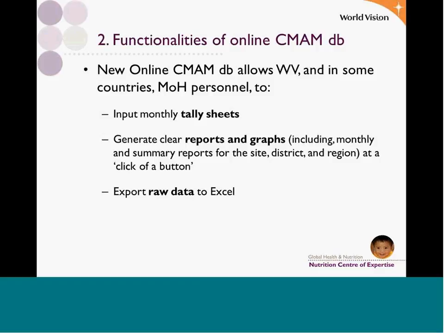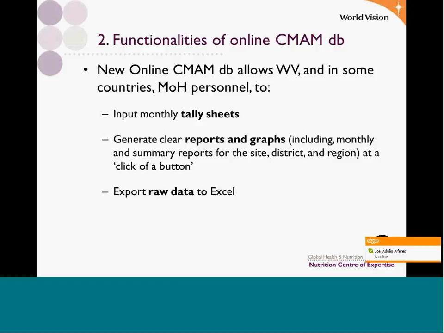And then generating reports is the second functionality. It can generate reports and graphs, and this could be monthly reports, summary reports, and reports for whatever duration you want to track. So if you want an annual report, you can use from whatever month and year to whatever month and year. It doesn't have to be from January to December.